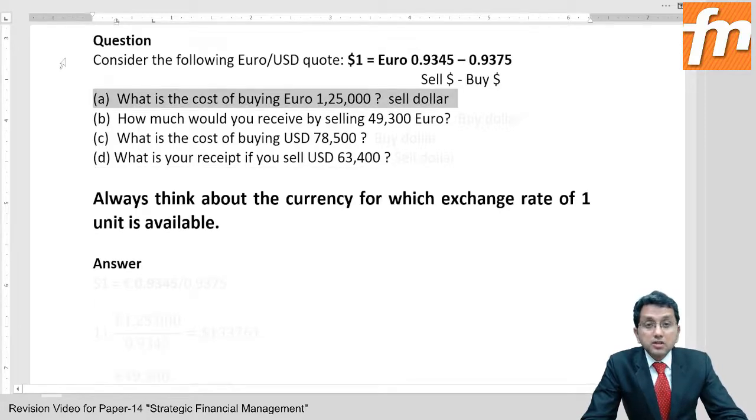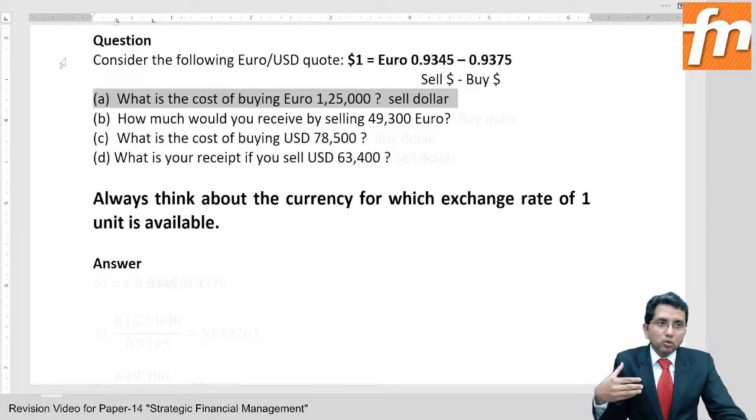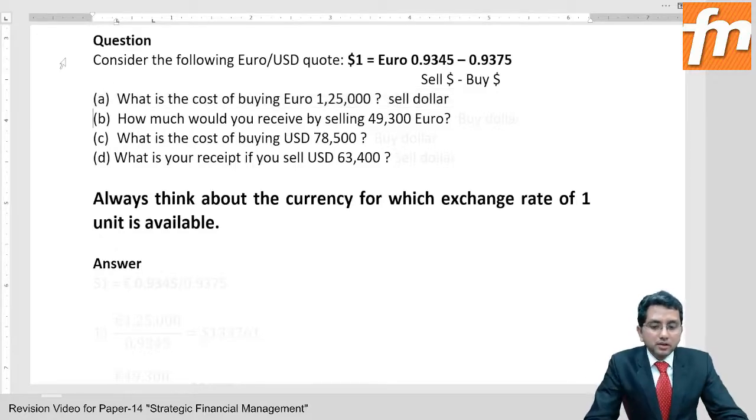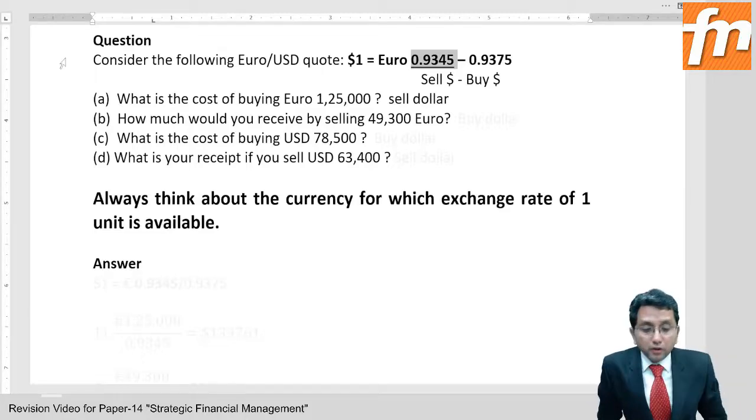What is the cost of buying euro 1,25,000? See, I'm buying euro. It means I'm selling dollar. So you just need to think about sell the dollar. You can sell dollar at 0.9345. So first of all, out of the two rates available in the question, you are able to identify the rate which is relevant for you.